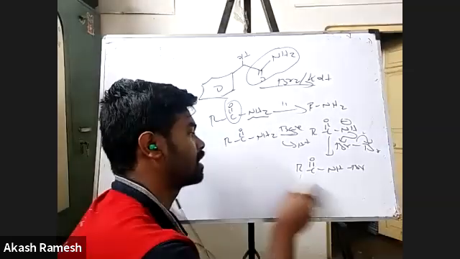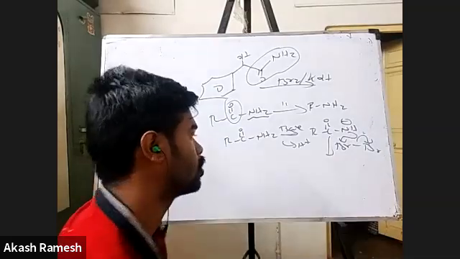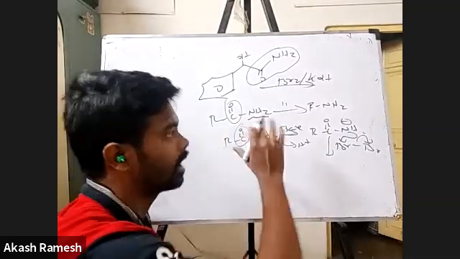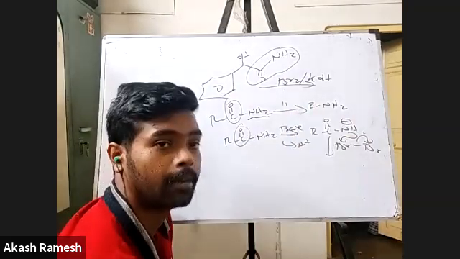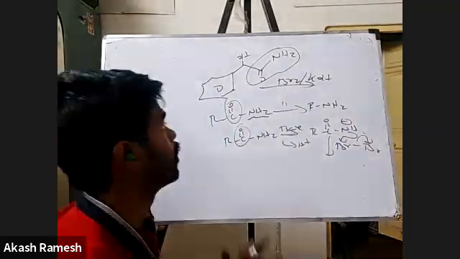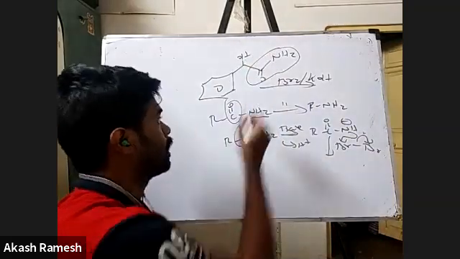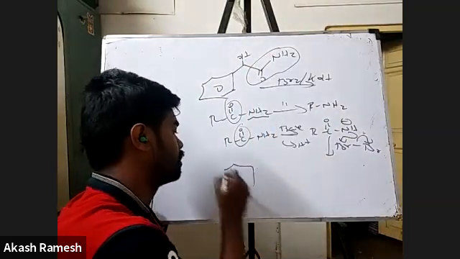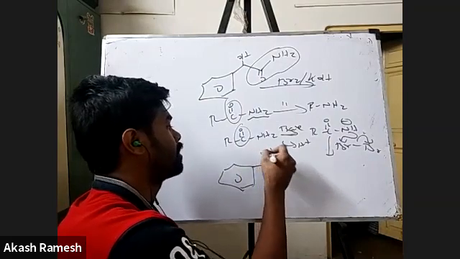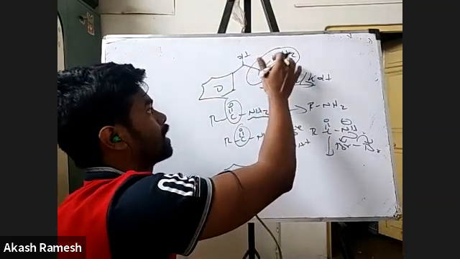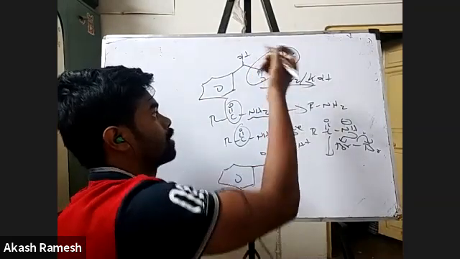What you have to understand in this particular question, or any Hofmann bromamide reaction, is that the C double bond O leaves, and you are going to form a primary amine. Now, if this thing leaves, in this case, this carbon atom is already having an OH, and to this carbon atom NH2 is going to go because the other carbon atom is gone now.